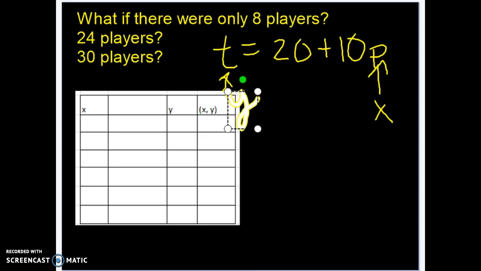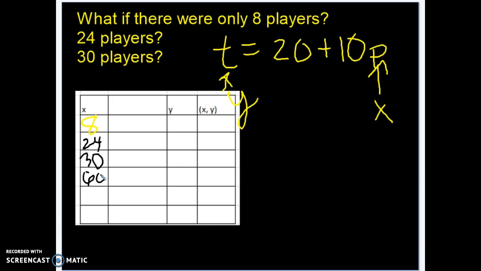Since our table over here is using x and y, we just need to know what x is and what y is. So we said, what if there were only 8 players? Or what if there were 24 players? Or what if there were 30 players? What if this is a football team and there's 60 players?